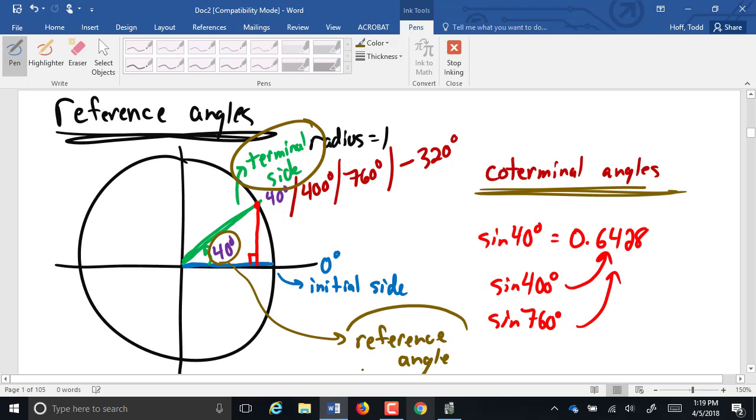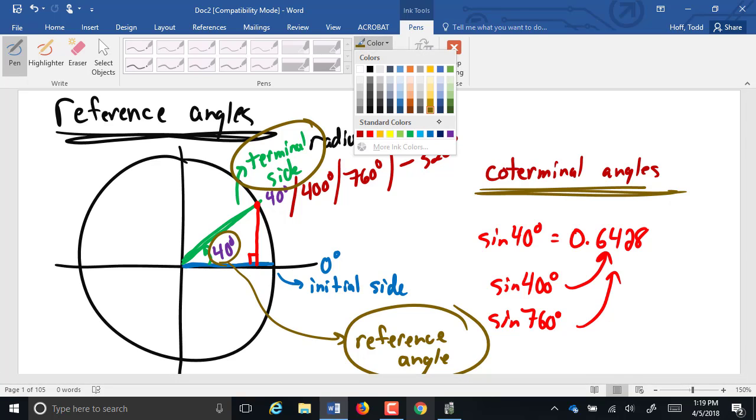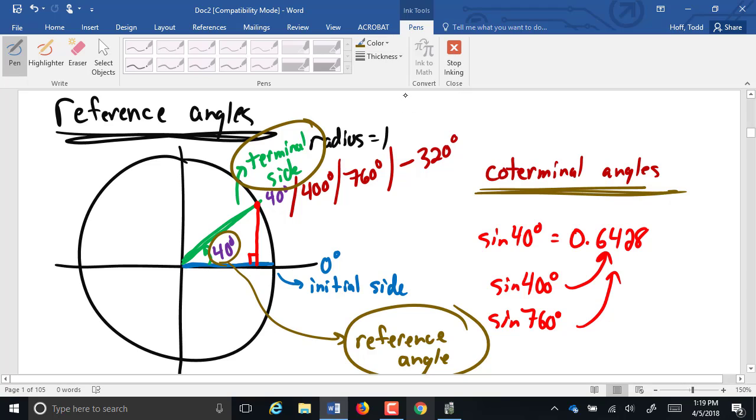What makes it a reference angle, other than the fact that that's the angle it is for all of those? Remember we referred to this horizontal axis as a reference axis, a reference diameter. 40 degrees is the angle from that terminal side to the nearest reference diameter.